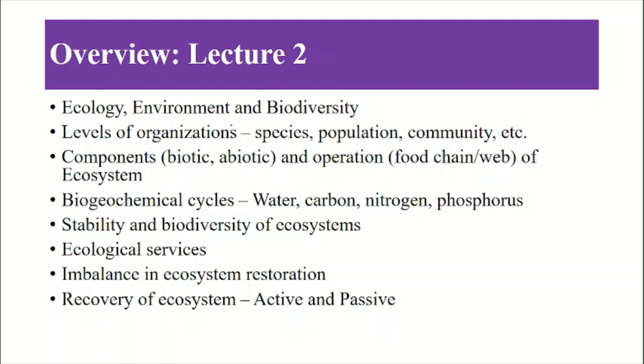There are various levels of organization. There is a species of some organism, and a number of those species constitutes a population. Different populations of species then form a community, and a community along with its biotic and abiotic components constitutes an ecosystem.